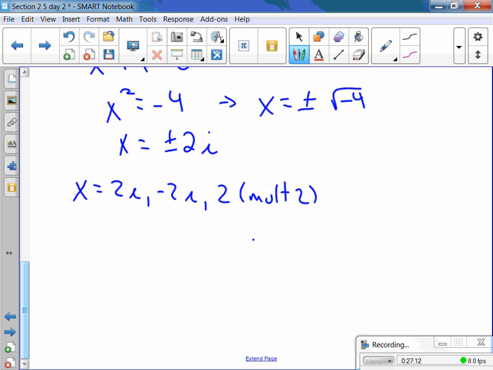And so these are my zeros, what the problem asks, but factored form of my equation is what? What's that? So x minus 2i. Whether you write x minus 2 twice or x minus 2 squared.